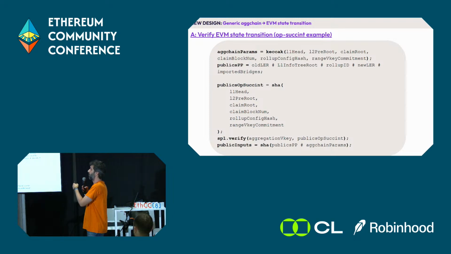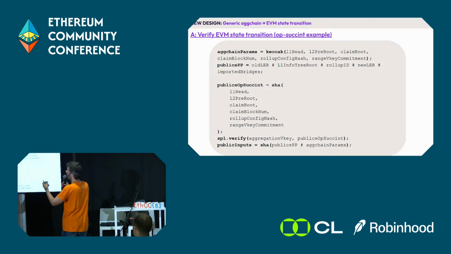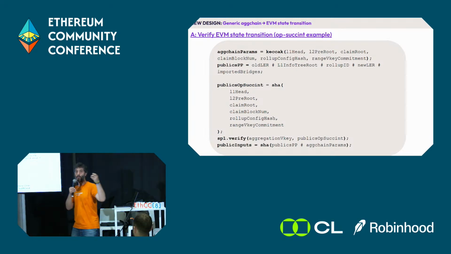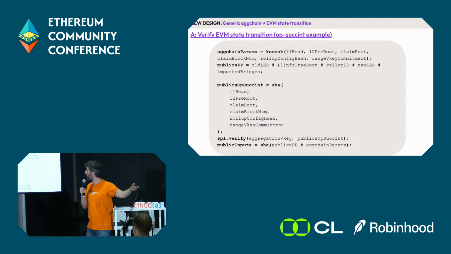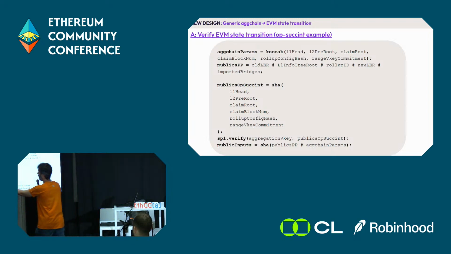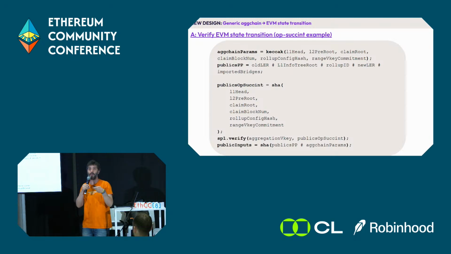This is not the pessimistic proof, it's the circuit inside the pessimistic proof. Here, of course, we need to rebuild the public inputs in order to match the public inputs that the pessimistic proof has computed. And basically, inside the action program, what we do is verify another zero-knowledge proof. And this zero-knowledge proof basically verifies an EVM state transition.